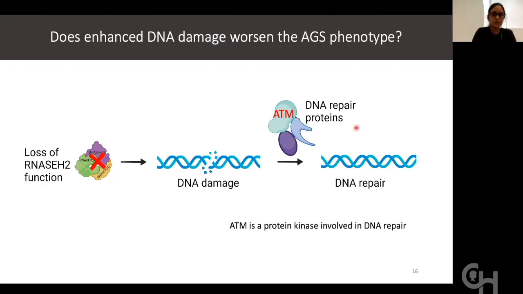We wanted to investigate whether inhibiting this signaling would worsen the phenotype, so we decided to inactivate a key component known as ATM. ATM is a protein kinase involved in DNA damage dependent signaling. We inactivated ATM and RNase H2 together in mouse and asked if the neurological phenotype is worsened.